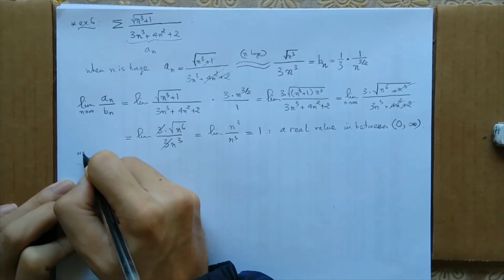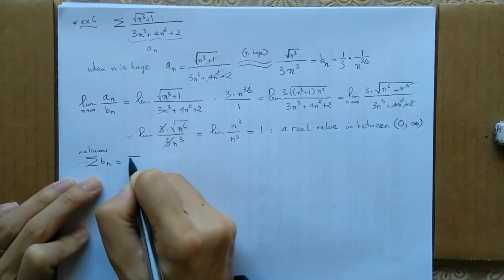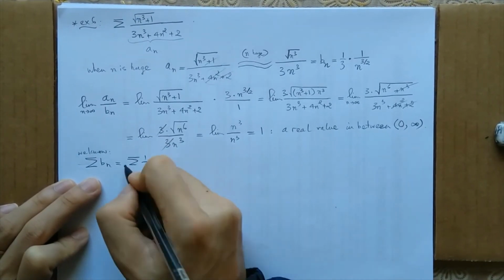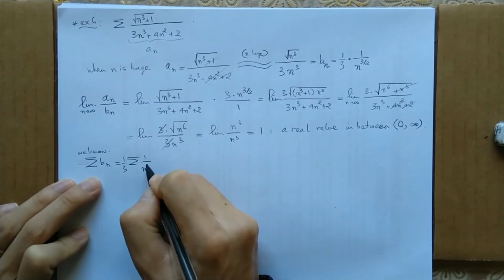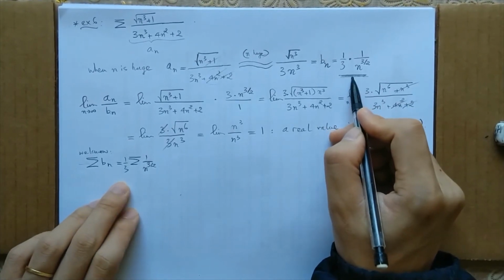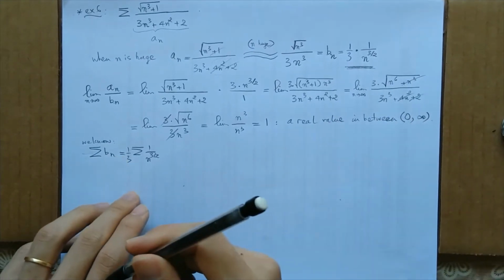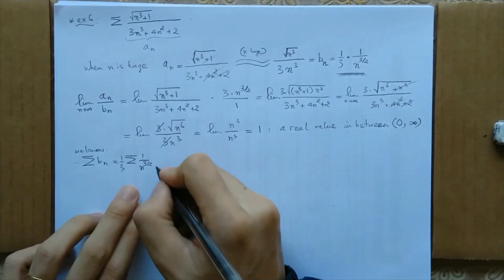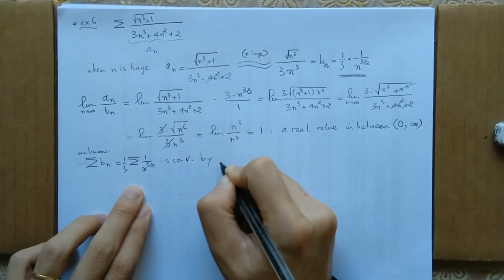Right. We know that sigma Bn is 1/3 of sigma of, right, this is Bn, so that's going to be 1/3, and you can pull 1/3 out of the sum, is convergent by the p-test.